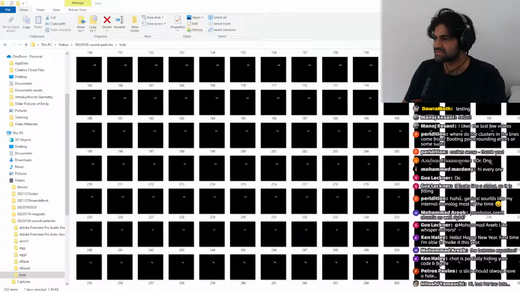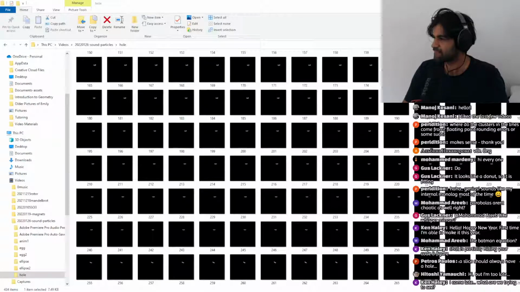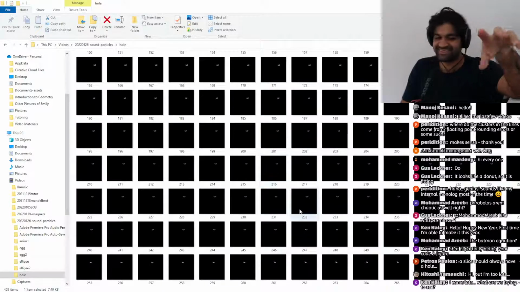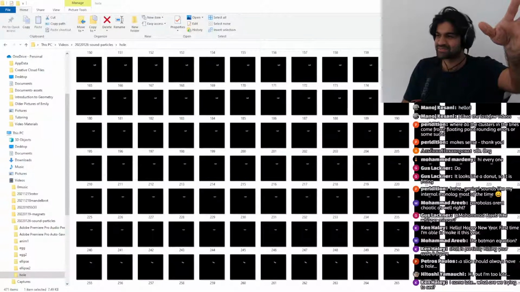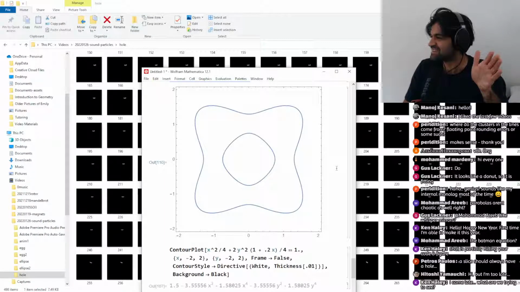Just need to copy the settings of this contour plot. I'm going to bounce 1,000,000 points in a room that's shaped like this. That's the plan, Ken.